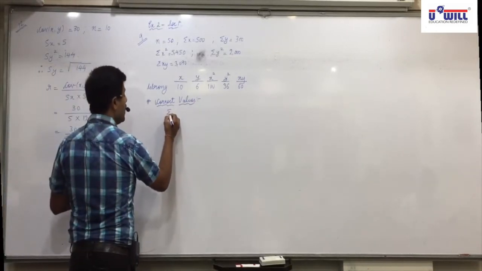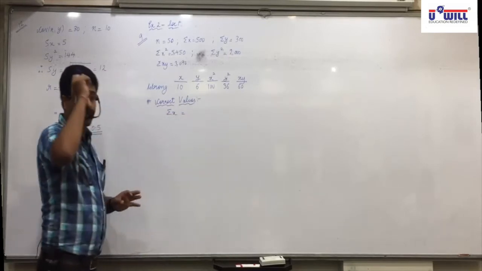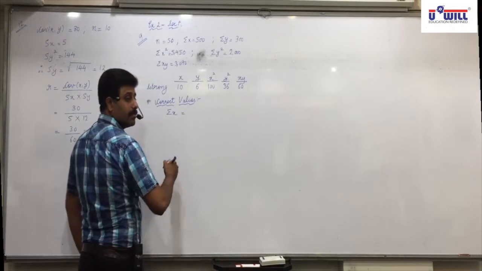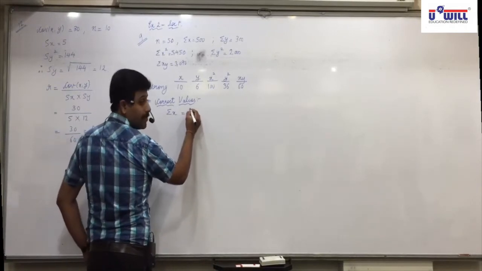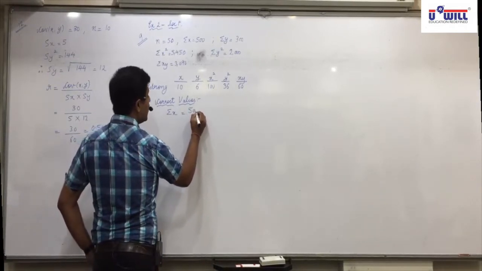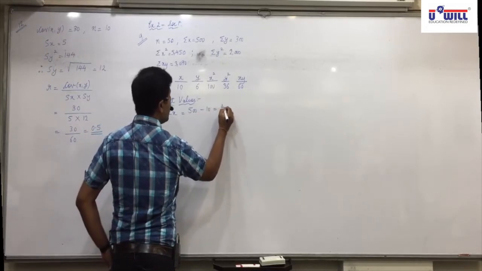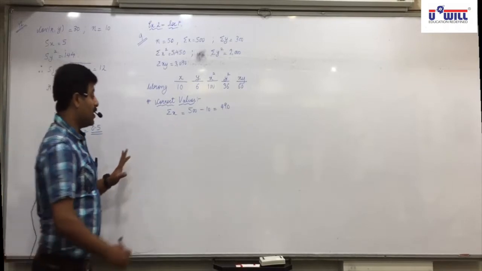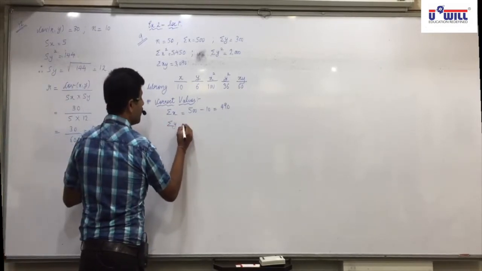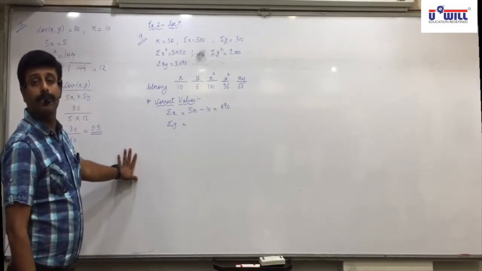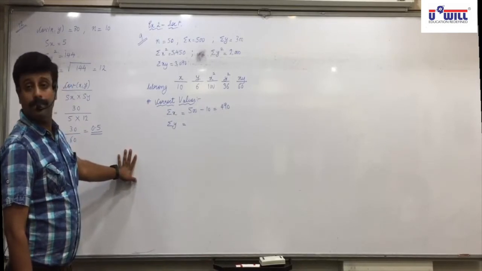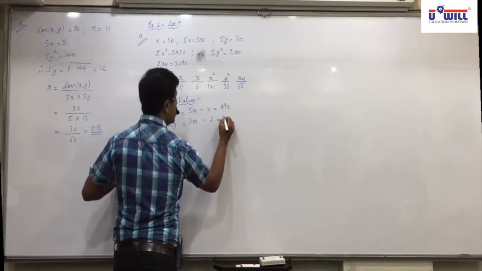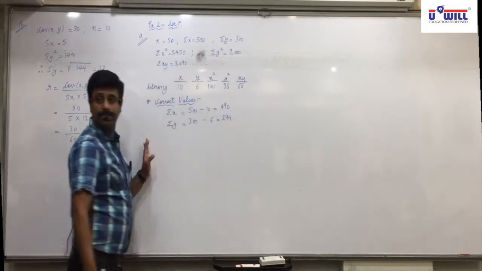So sigma x correct value. Ishan, how do you get that? 500 minus 10, that is 490. Who is not able to understand this? Sigma y. 300 minus 6, 294.